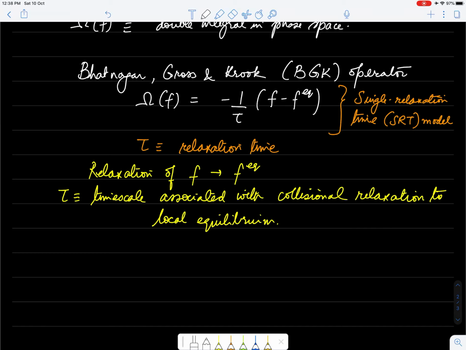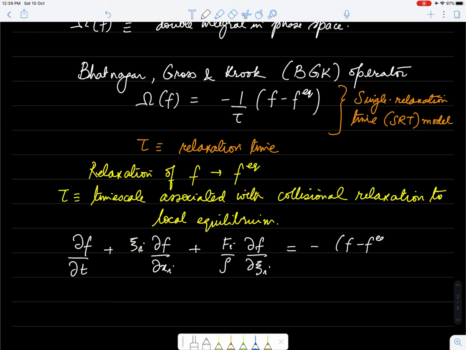So what we have done so far is that we have written this form of the equation, where we say df dt plus xi i df dxi plus Fi by rho df d psi i is minus f minus f equilibrium by tau.